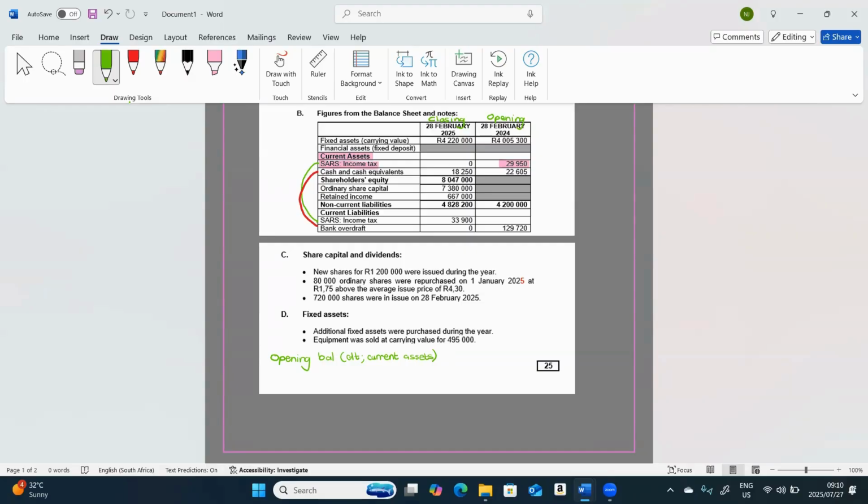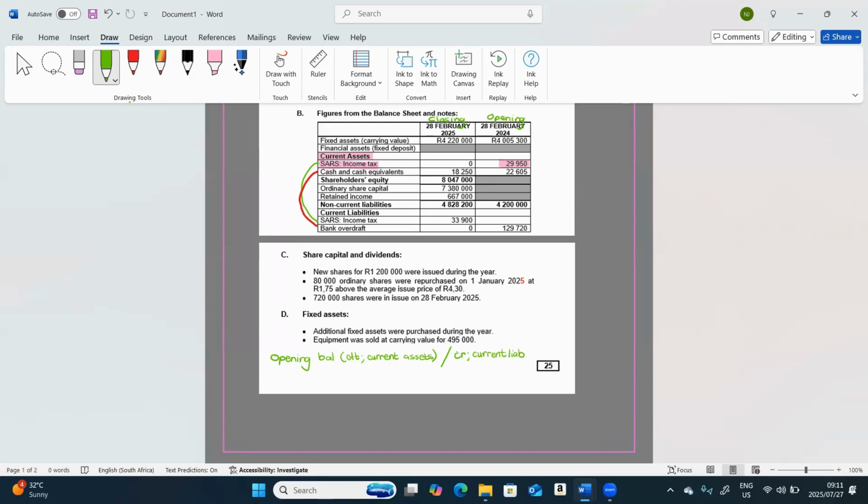The other way around, if your opening balance is a payable, or if it is a credit balance, or if it is under your current liabilities, then there's no bracket and it's going to be a positive amount.